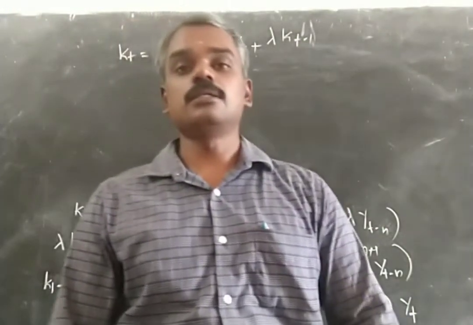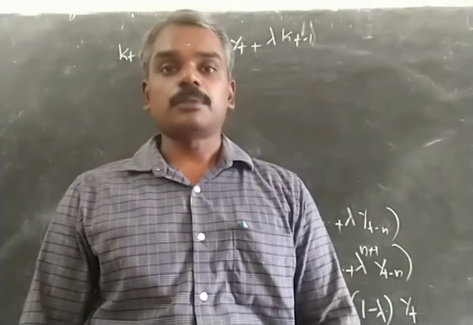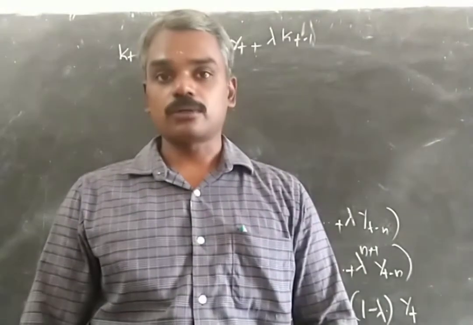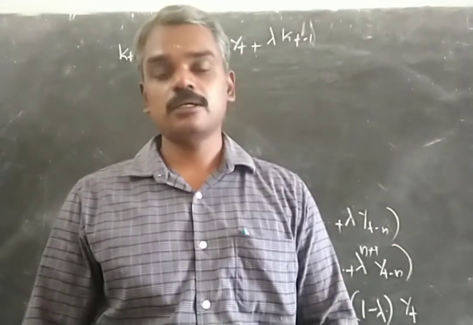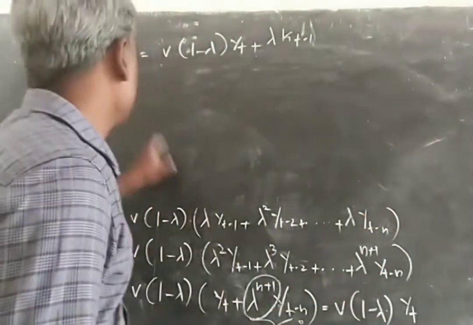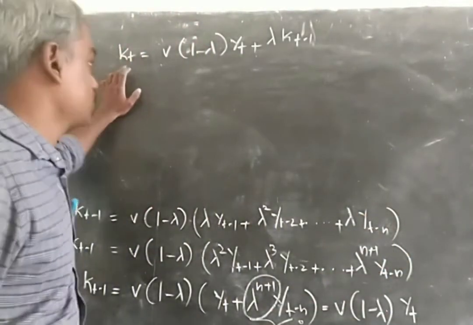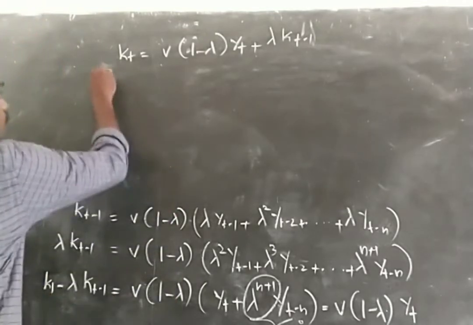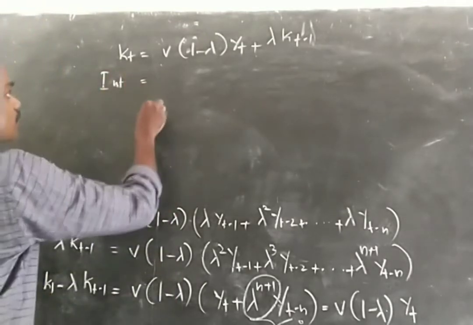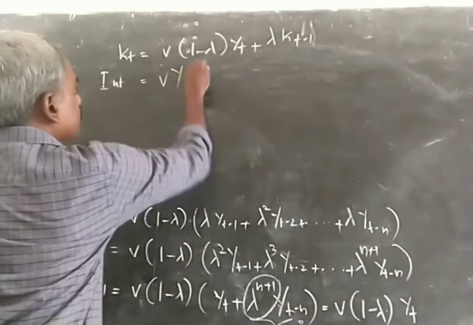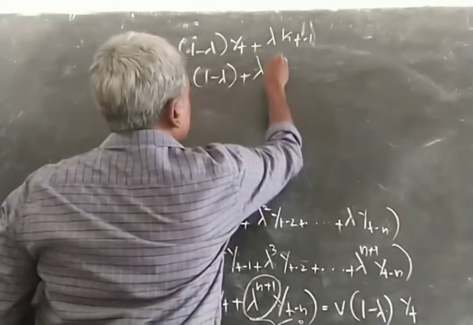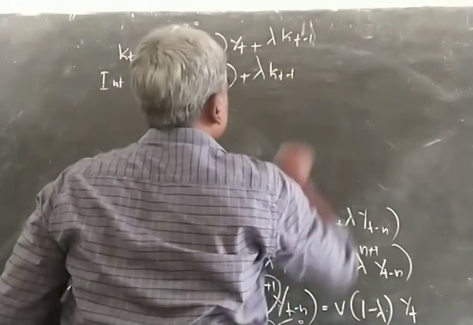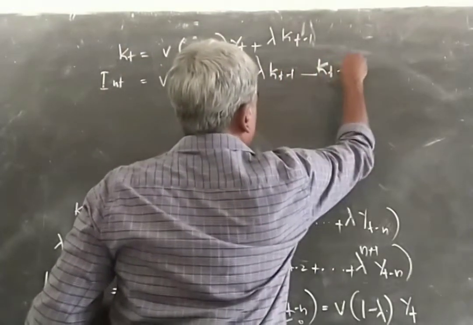Okay, here now we have to find the net investment. Net investment is the difference between current year's capital stock and previous year's capital stock, which is Kt minus 1. So in order to find the net investment, we subtract Kt minus 1 from this equation. Net investment is equal to nu into Yt into 1 minus lambda plus lambda Kt minus 1 minus Kt minus 1.